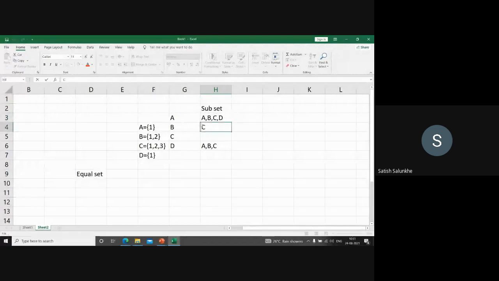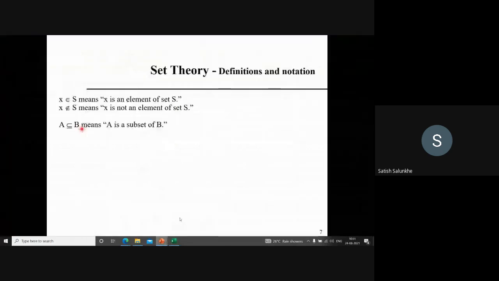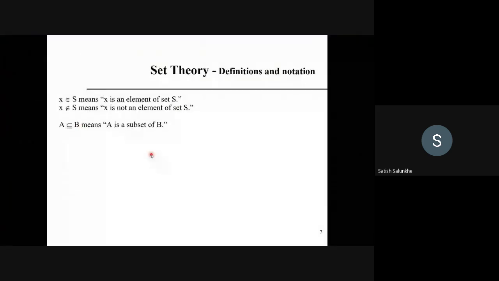This is absolutely right. Let me just type here C, and D. Okay. So the important characteristic that you have learned now: each set is a subset of itself.